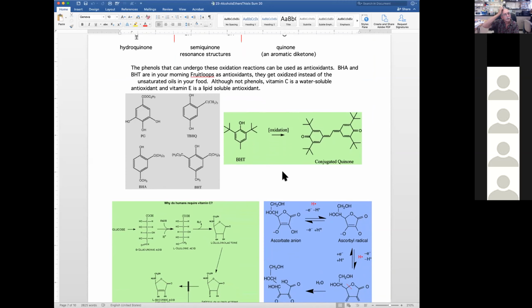So why would you put antioxidants in your food? Mostly to protect unsaturated fatty acids, the oils that are in your food. So oxygen can oxidize those into aldehydes and carboxylic acids, and it ruins the flavor.